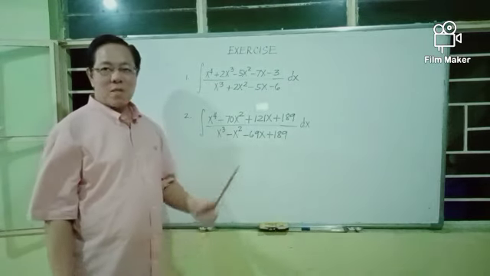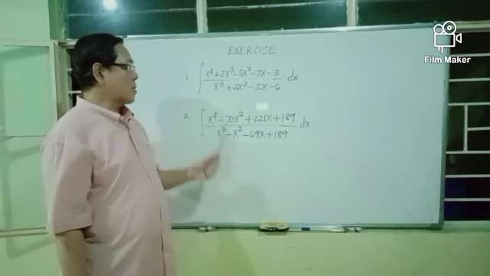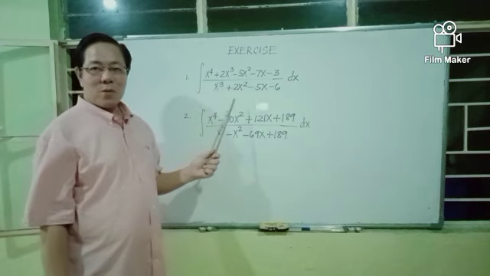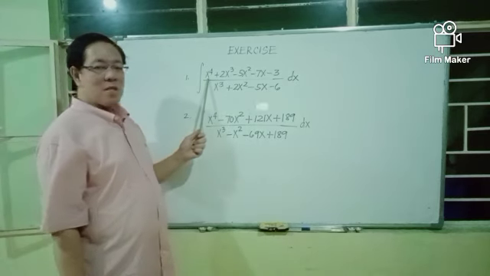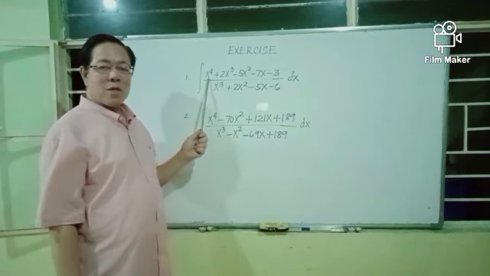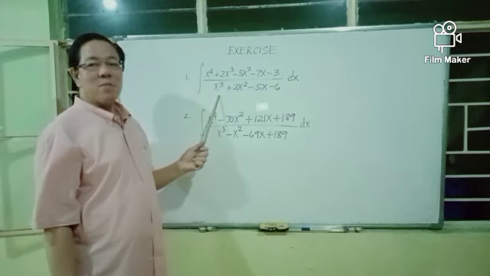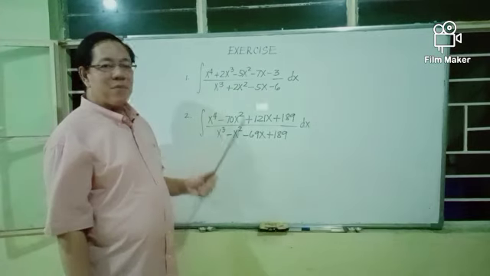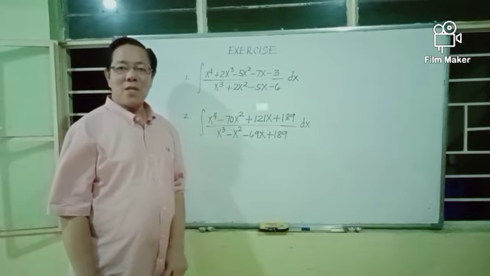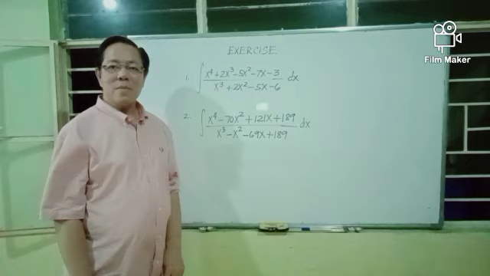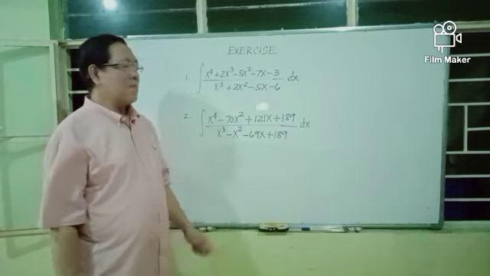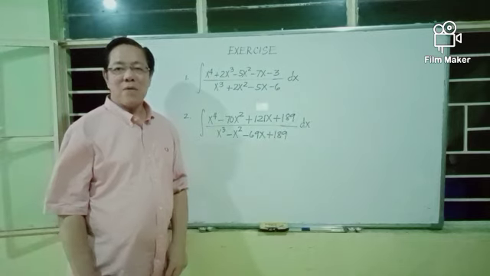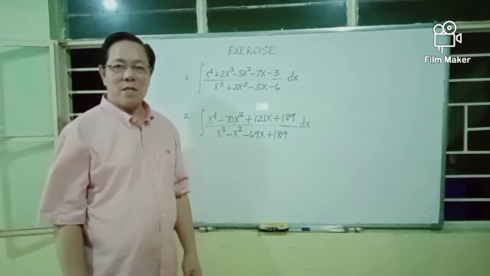For each of these problems, you divide first the numerator by the denominator. And you do that if the coefficient of the variable in the numerator is greater than the coefficient of the same variable in the denominator. And after dividing, you apply integration by partial fraction case 1 by factoring out the denominator into linear factors that are all different.